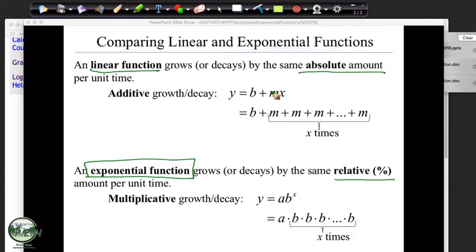If you get a percent change, like a 5% salary increase, that's exponential. So that's what we're going to be working with today, exponential change. Notice the exponent tells us how many times we repeat the multiplication of the base. The percentage is going to be contained in the base.